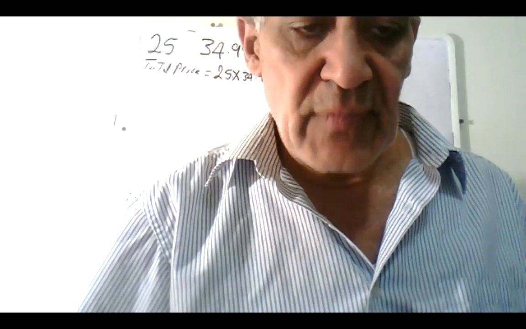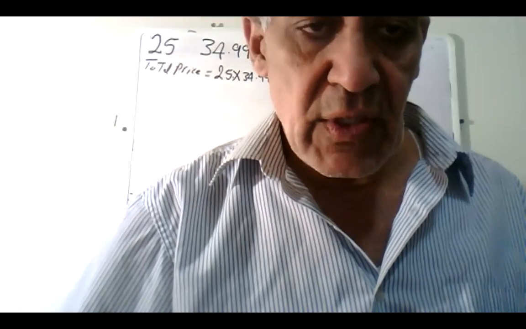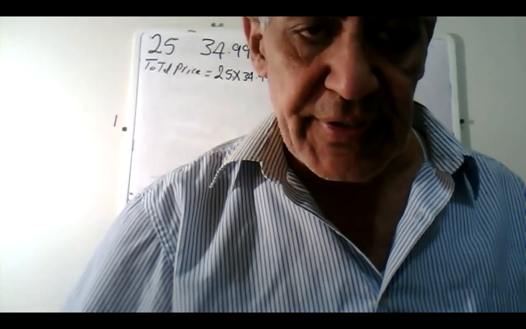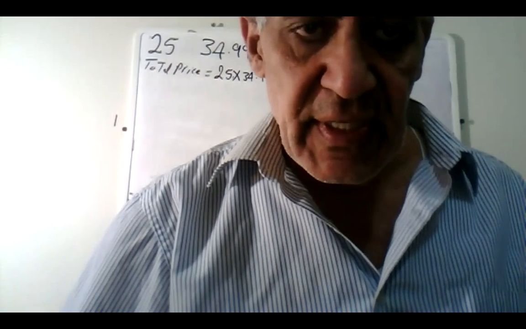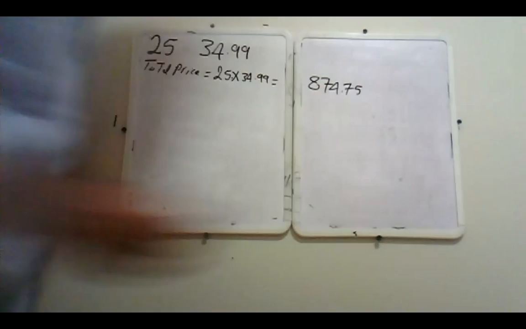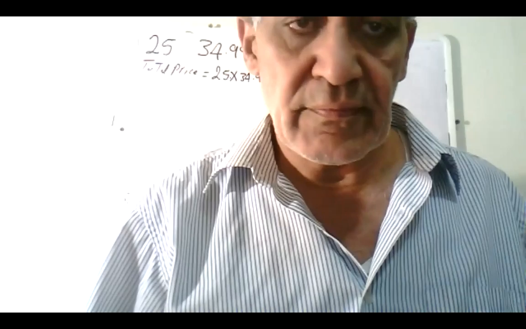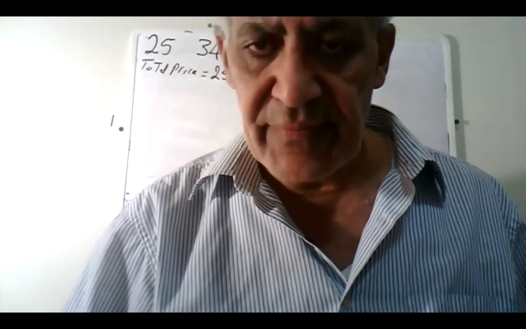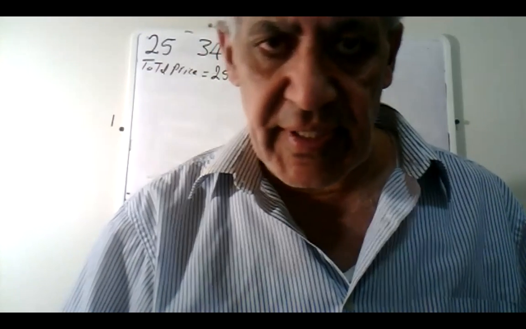This will give me, if I do it on the calculator, 25 by 34.99 equals 874.75. That's fine. This is the multiplication of 25 by 34.99.